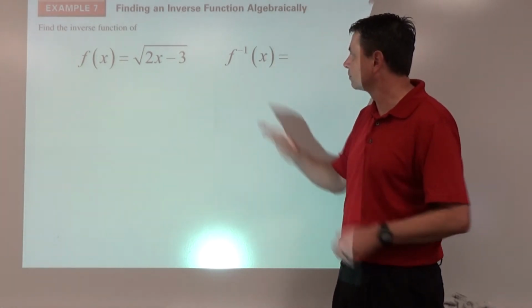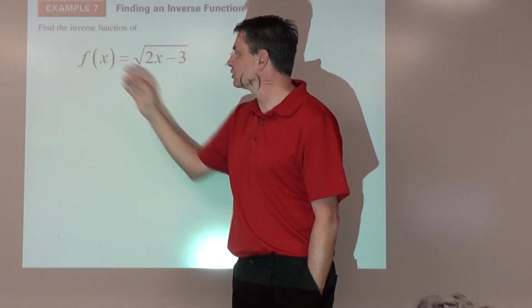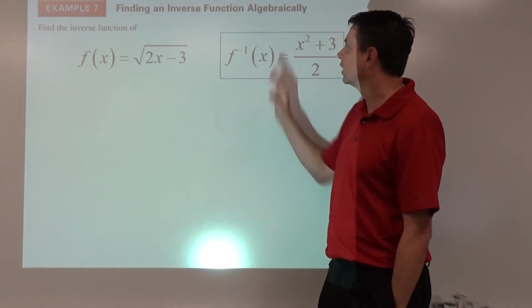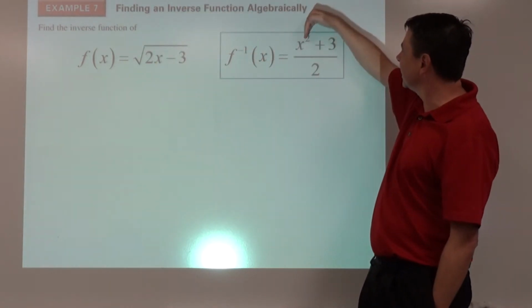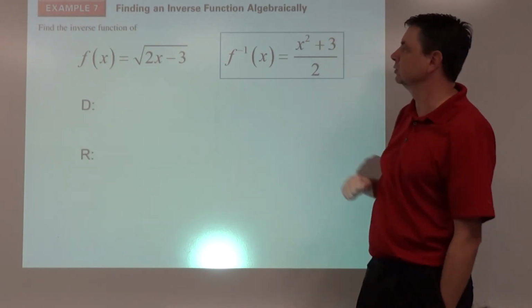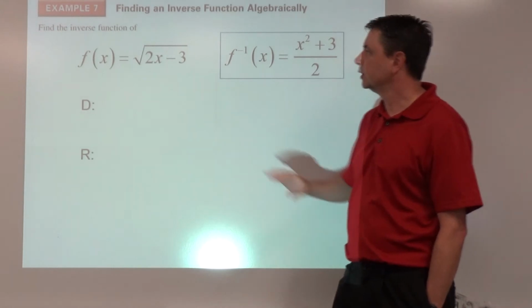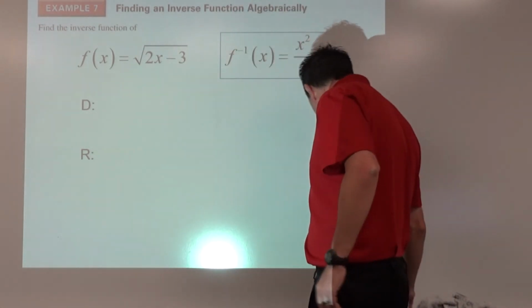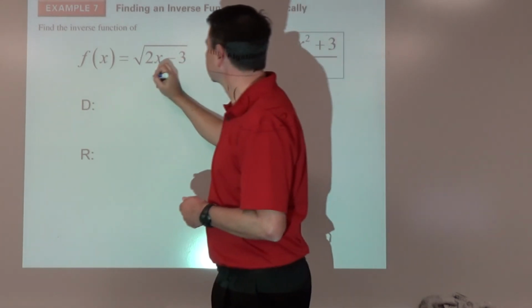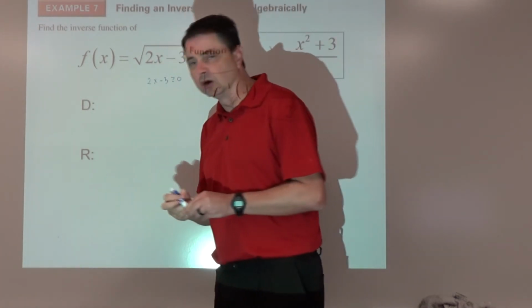We're ready to go. So to find the inverse, we're going to say y equals, switch x and y. Go through that process, and you would get x squared plus 3 over 2. There's an extra condition there. Because the domain here, we would say 2x minus 3 has to be greater than or equal to 0.